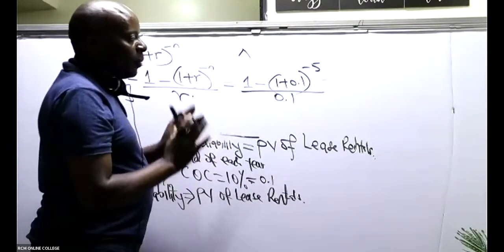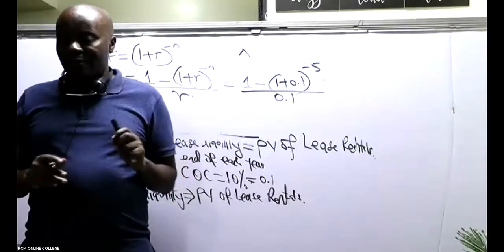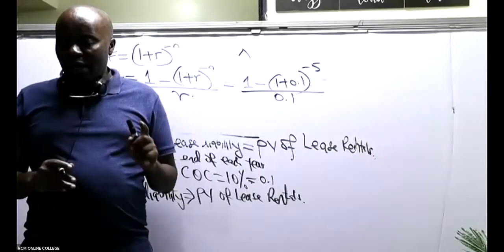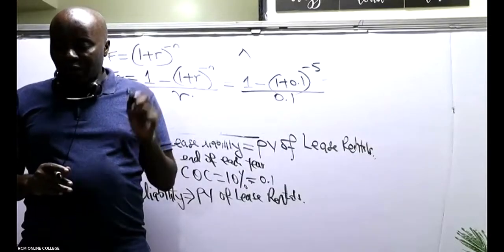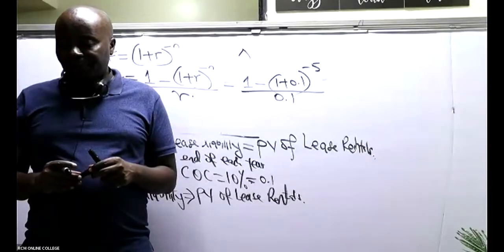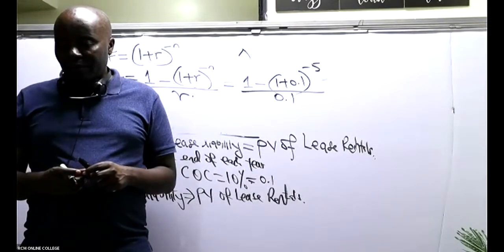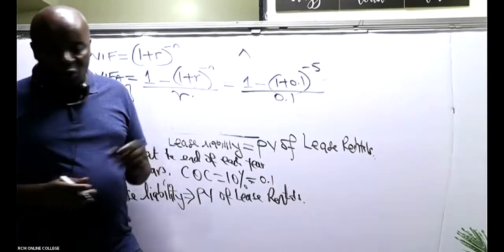Before anything, you must say equals. And then at the end, you say divided by 0.1. So we have Mombi, who is able to give me 3.7908. Mother has confirmed the same.